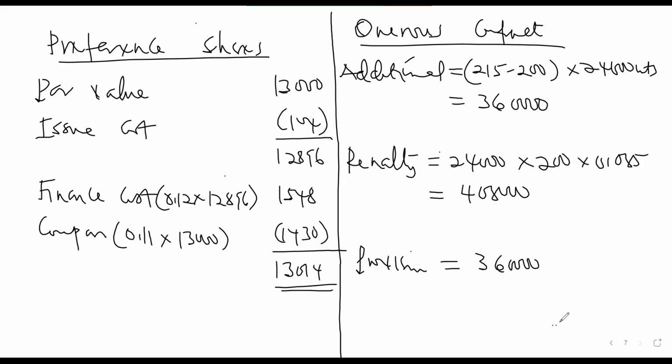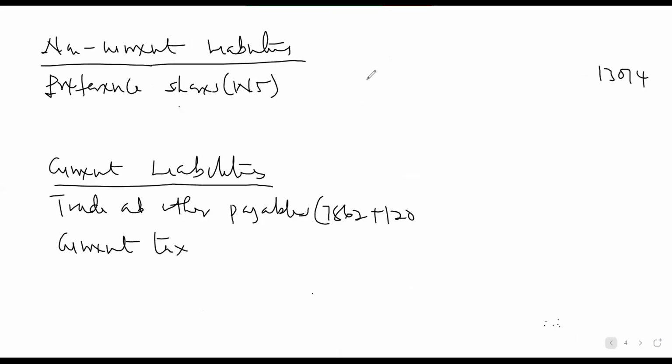So make a provision, put money aside for this 360,000. The provision has not been made, which is what the footnote means: this has not been taken into consideration. So this is what we are going to do. What will be the entries that we are going to make for the provision?